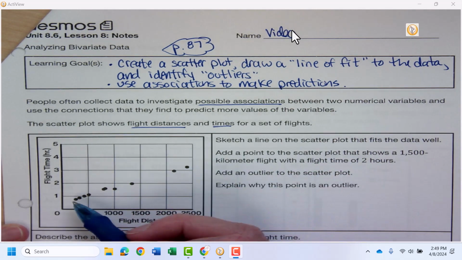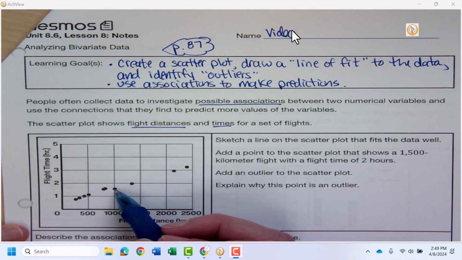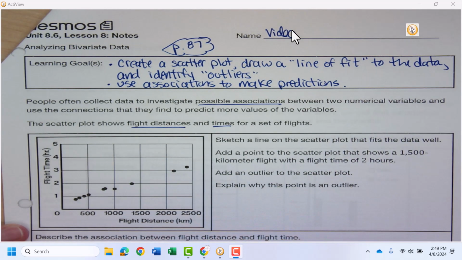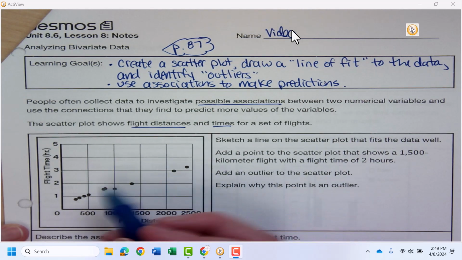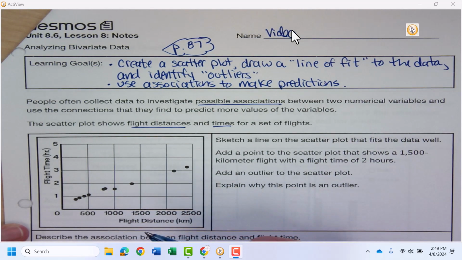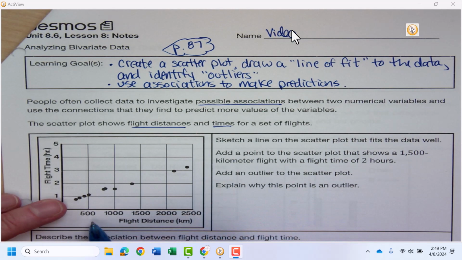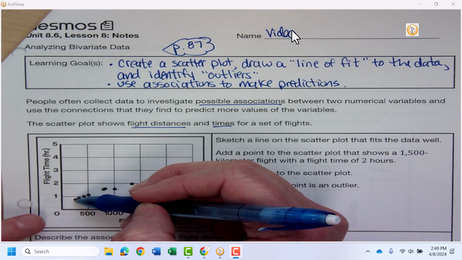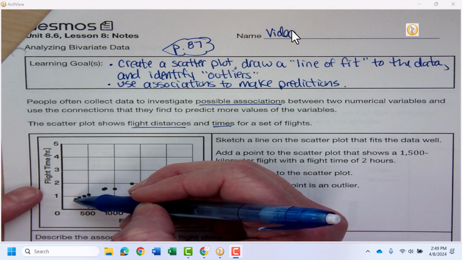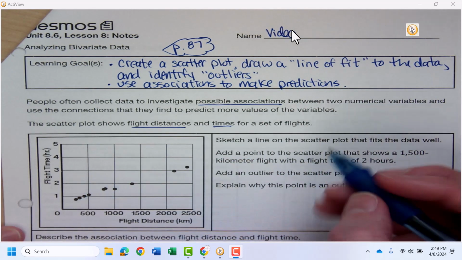It looks like there are about 10 flights represented in these 10 dots. There's two dots that are kind of smushed together here. On one axis, we're looking at each of these flights' distances in kilometers and each of these flights' times. So we have two pieces of data for each flight.